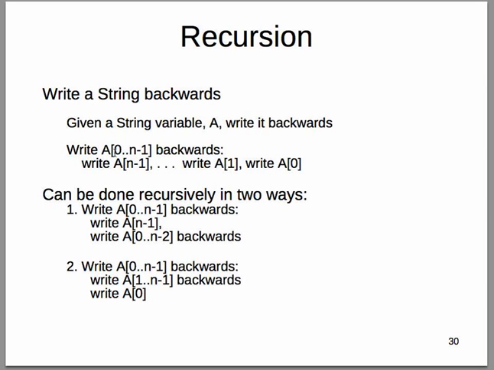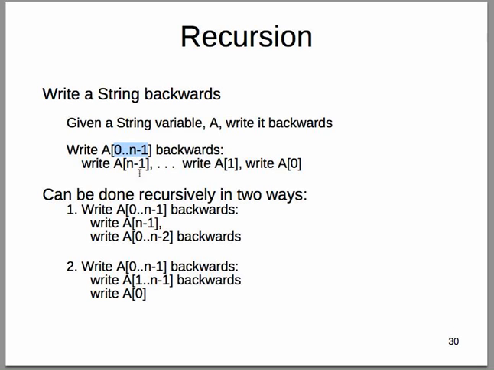How do we write all the characters in an array a backwards? We write a sub n-1 first, then we write a sub n-2, and so on. We write a sub 1, and then finally we write a sub 0. So we're just writing all of this backwards. You should be able to set up a loop to do that. Given an array of characters, write it backwards.